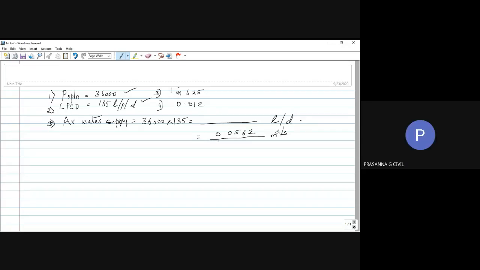Okay. Yes. So now you have to tell me, Bhuvan. Now I got water supply. I have been asked to design a sewer. How will I calculate dry weather flow from this? So I am putting it as 0.05625 here.